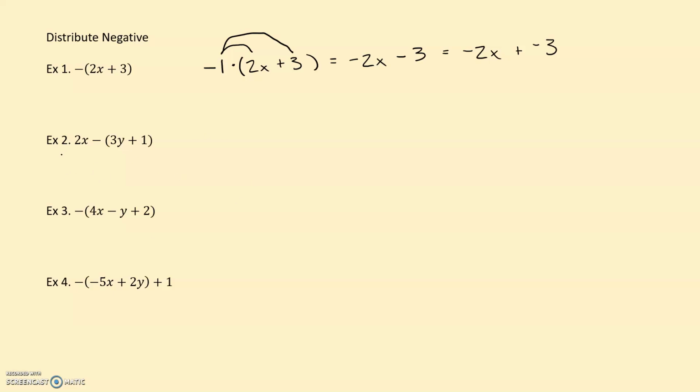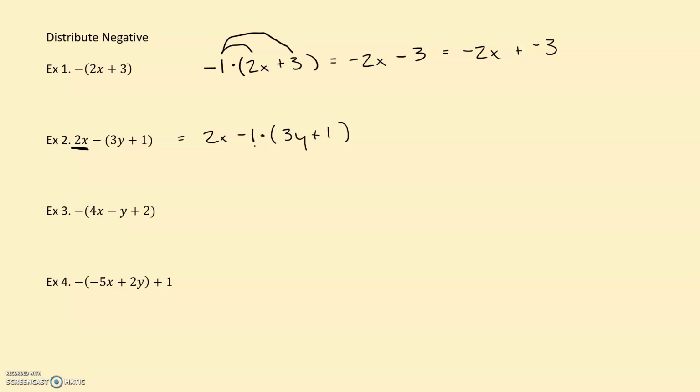So same idea for this next example. I think the next example is tricky because a lot of people see the number that's out in front is the 2x, and they will want to distribute that. But if we think about what we did up here, say 2x, and then instead of this just being a minus sign, we're going to say it's a -1 multiplied by 3y plus 1.